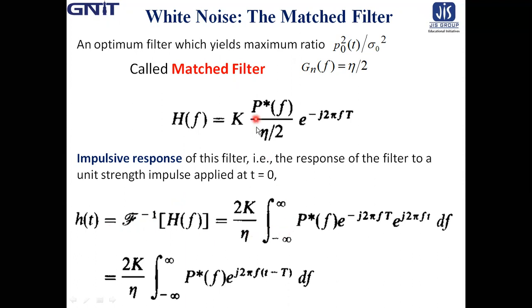After putting the expression of H(f), we can easily get 2K by eta, integral from minus infinity to plus infinity of P star(f) e to the power j 2 pi f (t minus T) df.